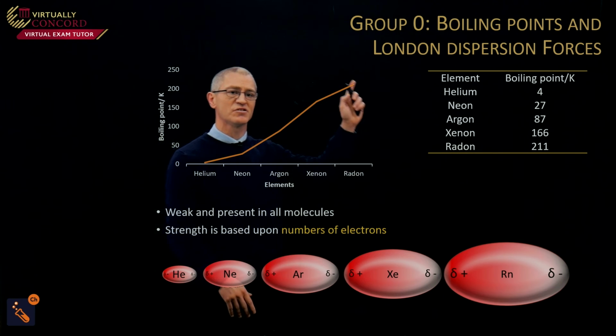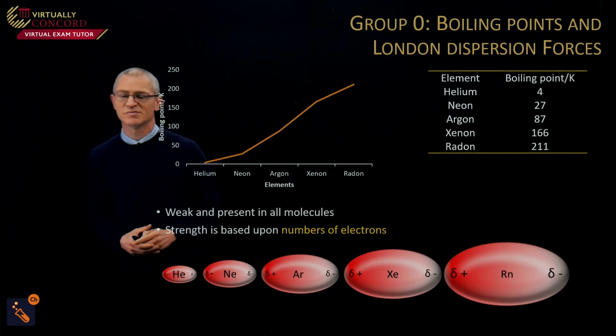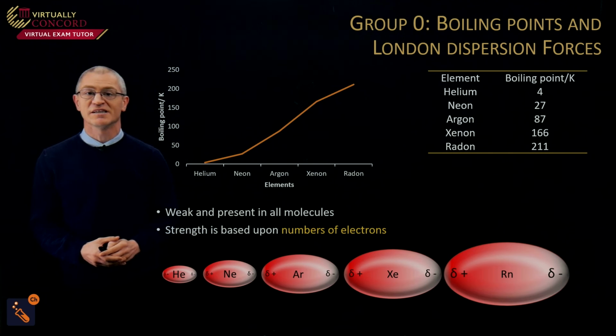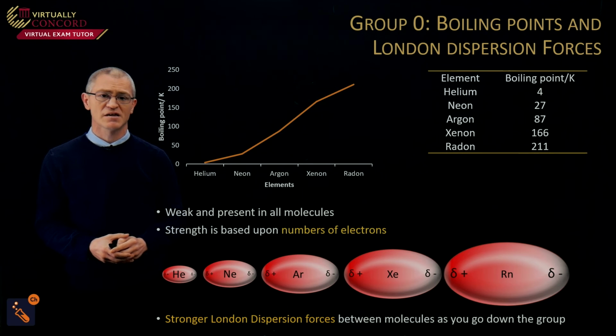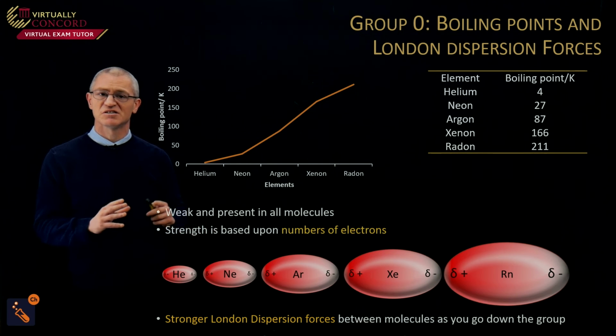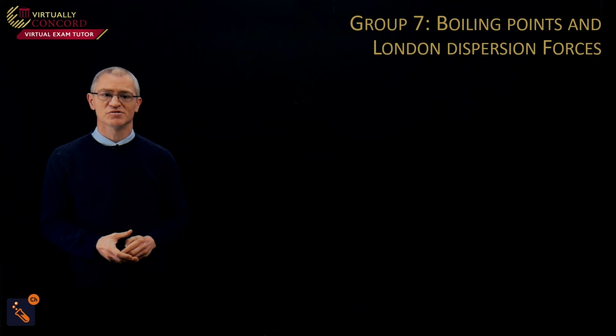Well, if the numbers of electrons are going up, the London dispersion forces are getting stronger, and therefore my boiling point or my melting point is going up. And so that's what you see in group 0. You also see this in group number 7, okay? And those are the two most common examples. So let's talk about group 7 next.